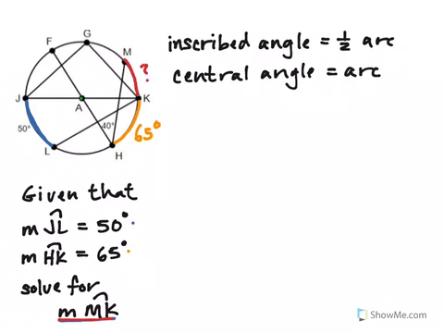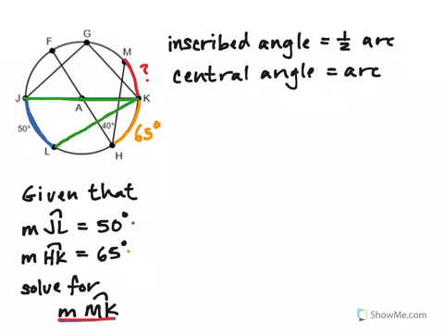Well, we see that the measure of the arc JL is intercepted by an inscribed angle, and we're going to look at that angle in green here. From J to L is intercepted by this angle, and this is called an inscribed angle.